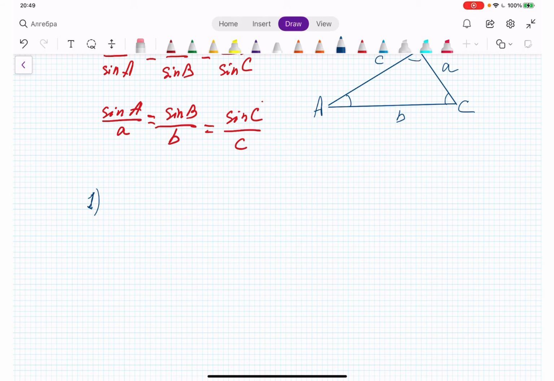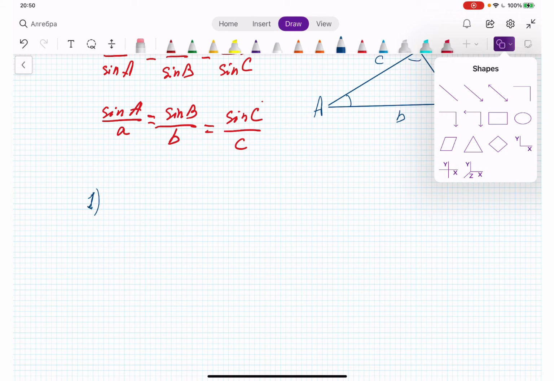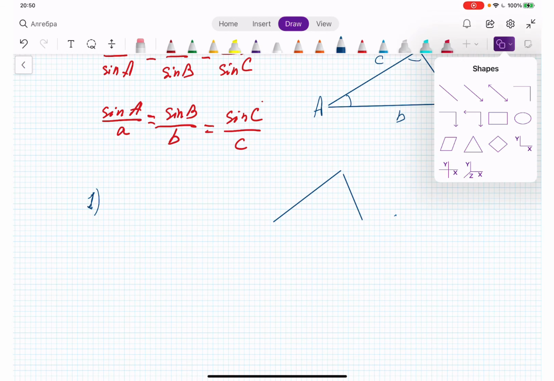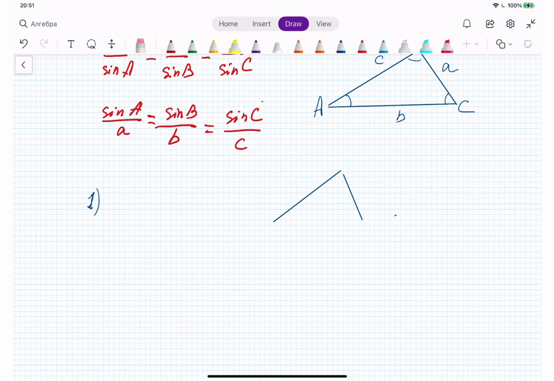Let's assume we have a triangle. So what do we have?